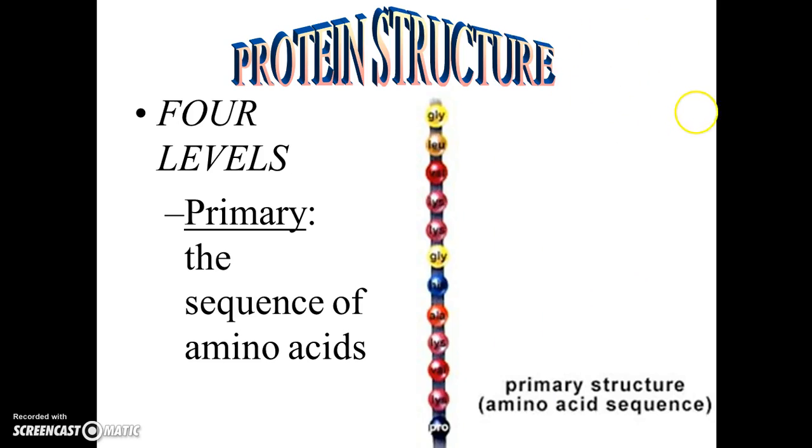So if you look here, I know you guys don't know these names yet, but there's glycine, leucine, valine, lysine, glycine, alanine, lysine, valine. The order that these amino acids go in tells you the primary structure. It is the amino acid sequence.